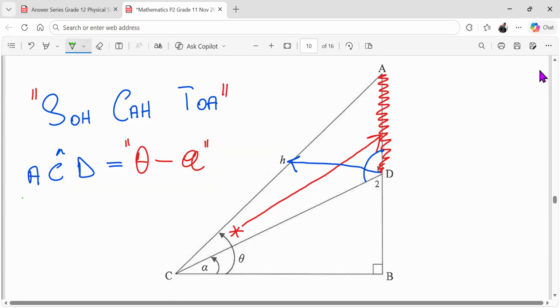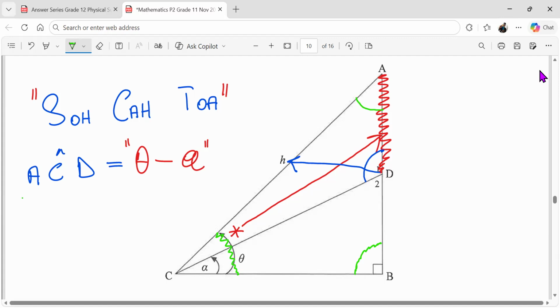If you just look at it from the triangle that's not right-angled, ACD, it's very difficult to find D1. Very difficult. But we have to begin somewhere, which is in the bigger right-angled triangle, and find the size of angle A. And we're going to find that by using the sum of interior angles of a triangle.